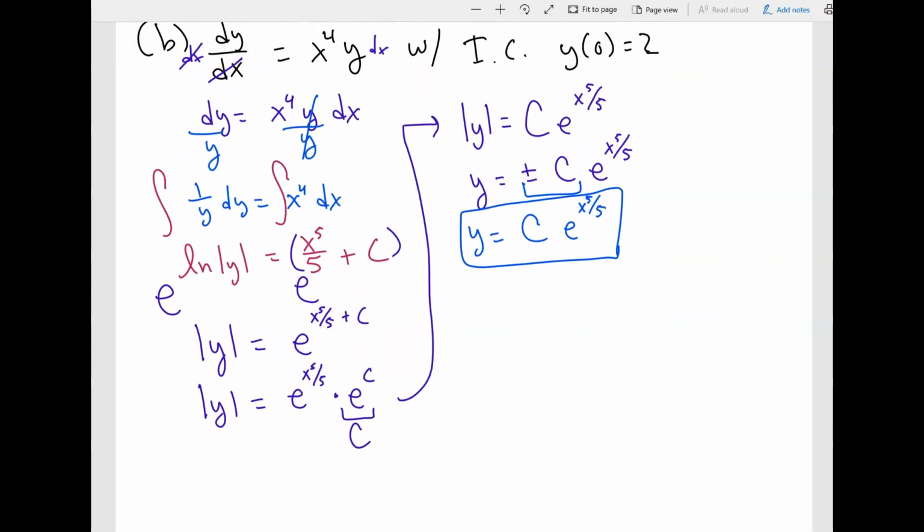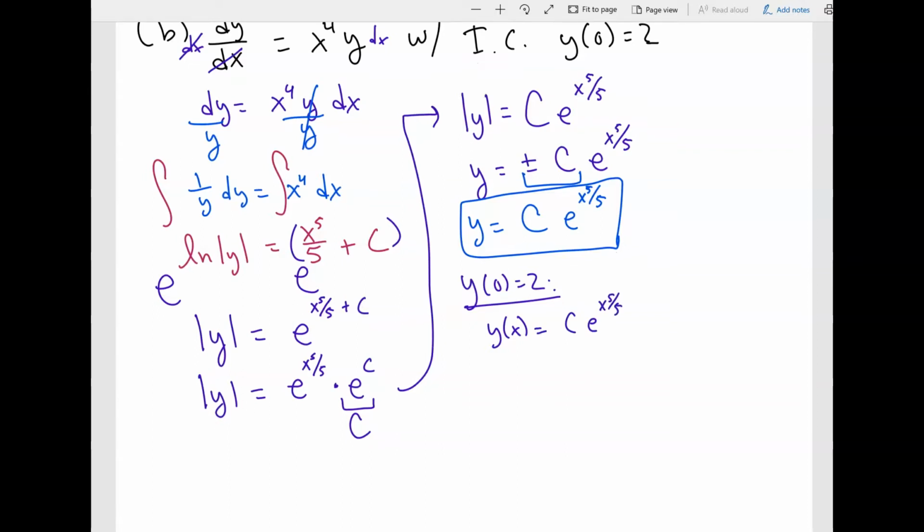Okay, now what we've got to figure out is what the c is. So we're going to use that initial condition, y of 0 equals 2. So y of x is equal to c e to the x to the 5 over 5. Now we're going to plug in the 0. So y of 0 is equal to c e to the 0 to the 5th power over 5.